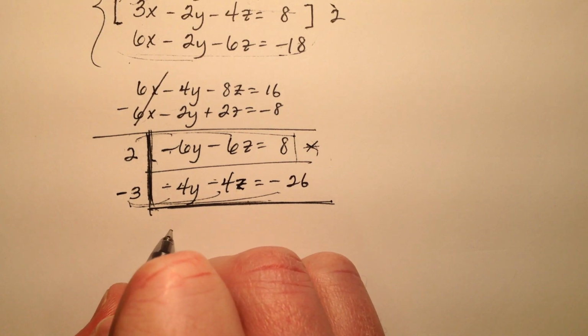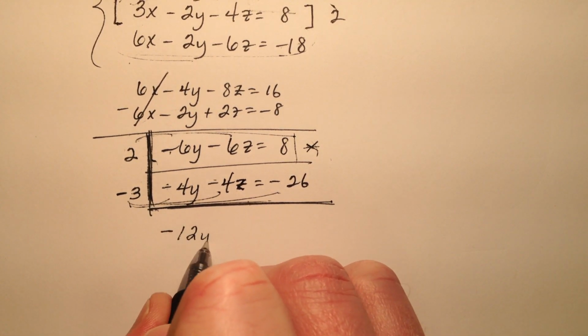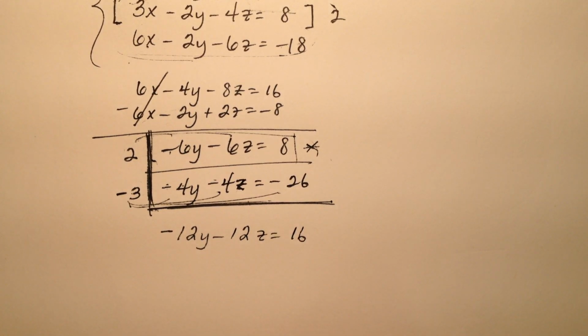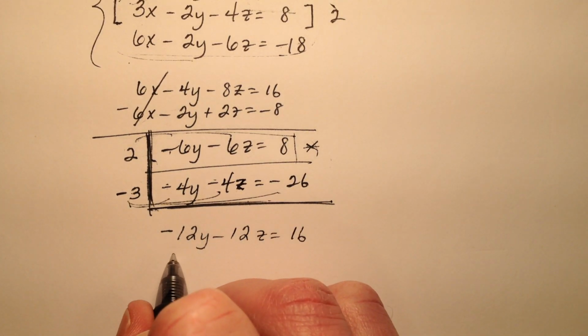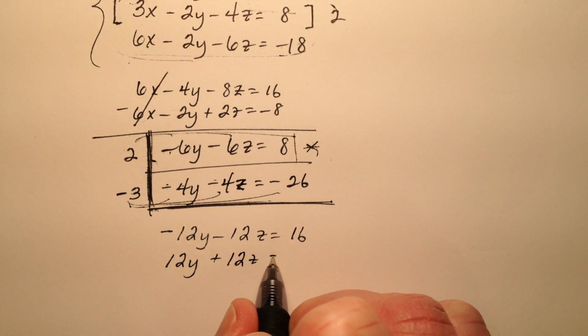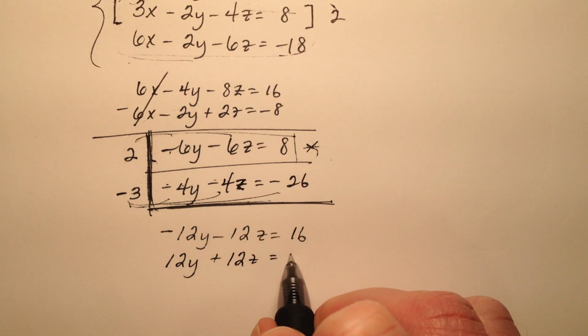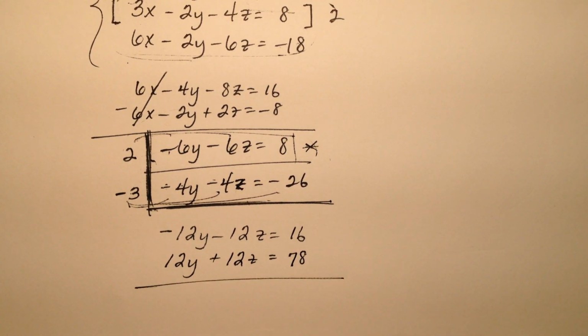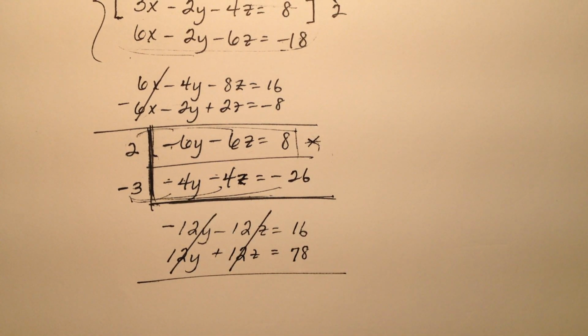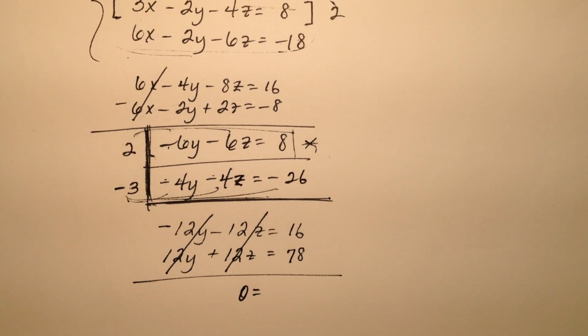Okay, when I do the 2, I have negative 12y minus 12z equals 16. And the negative 3 will give me positive 12y, positive 12z, and it looks like a positive 78. Interesting that my y's and my z's cancel out, so I have a 0 on the left side.